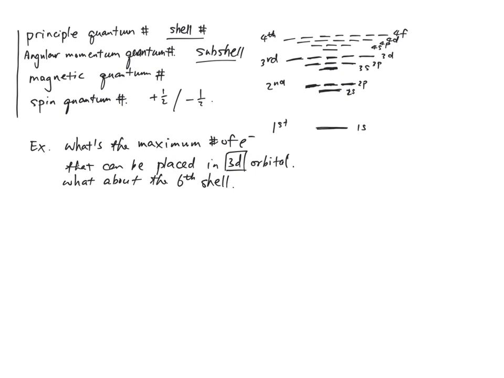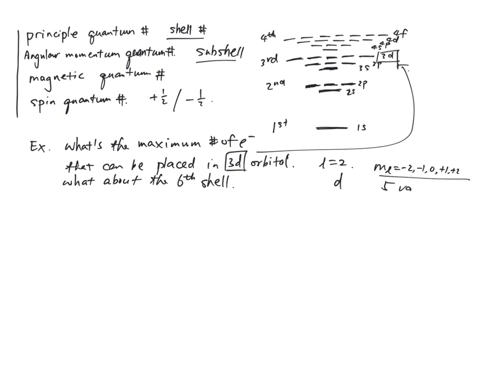Let's look at our scheme. 3d is right here. All the d orbitals in our scheme have L equal to 2. And with L equal to 2, ML ranges from -2, -1, 0, +1, +2.